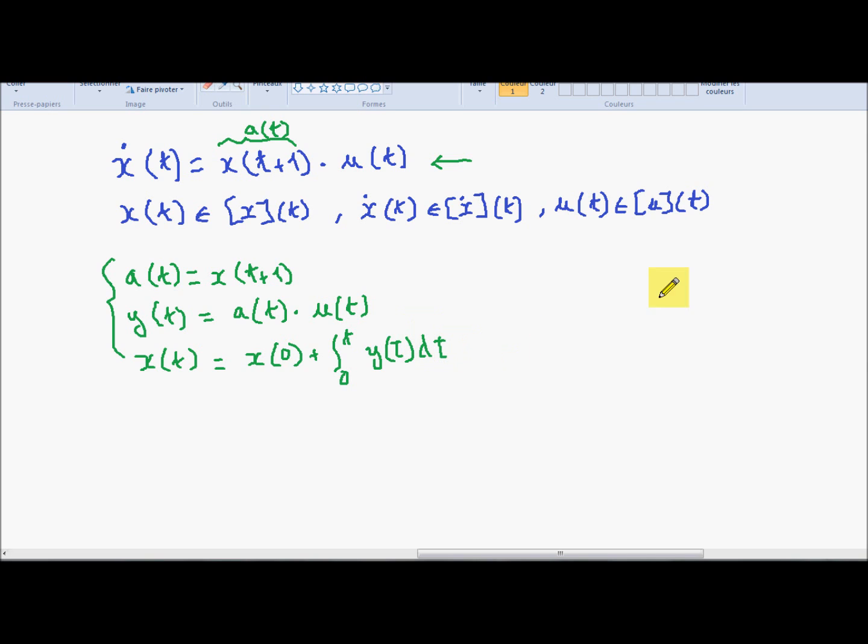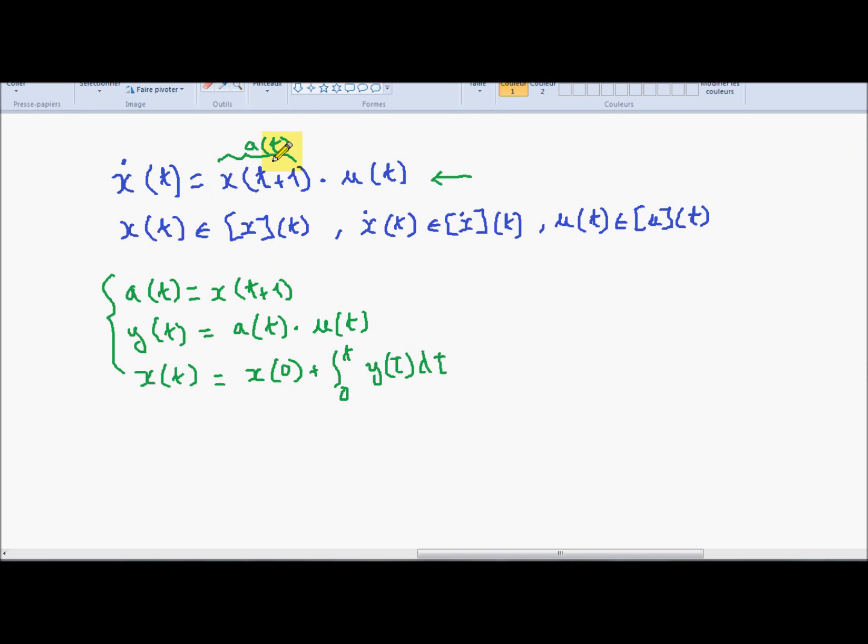So here I have a, here I have y of t, and since x dot corresponds to y, it means that x can be obtained using this integral formula. Now I will be able to use the tube arithmetic to contract with respect to this equation. So let me first consider this first equation.